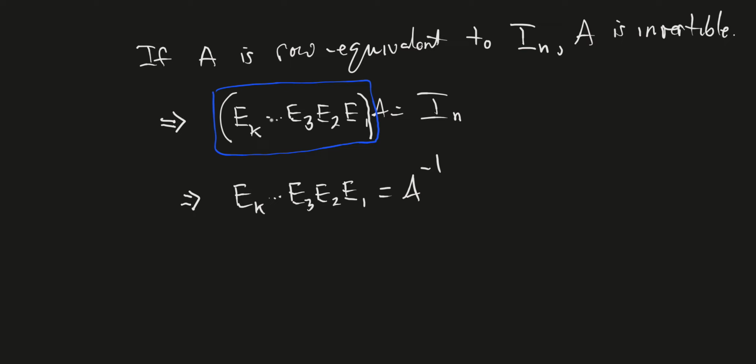So if E does a row swap, its inverse would swap it back. If E multiplies a row by a non-zero constant, then its inverse would multiply the same row by the reciprocal of that non-zero constant. So each of these E's will have an inverse.